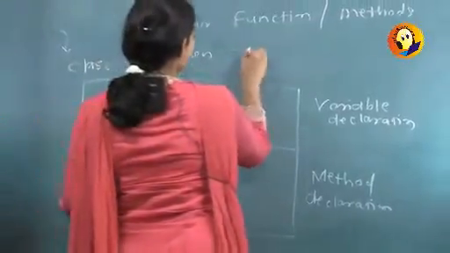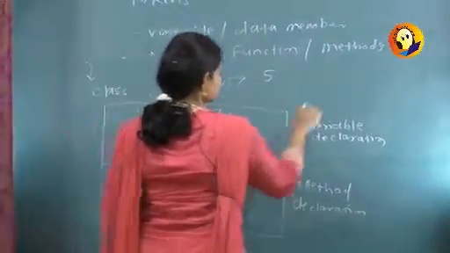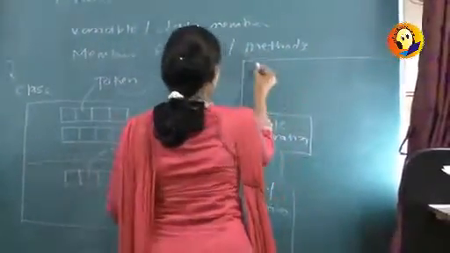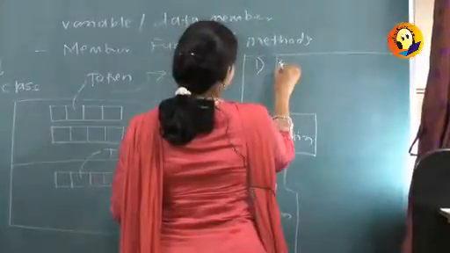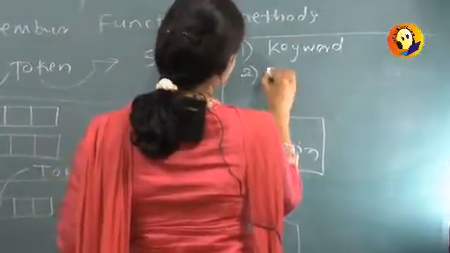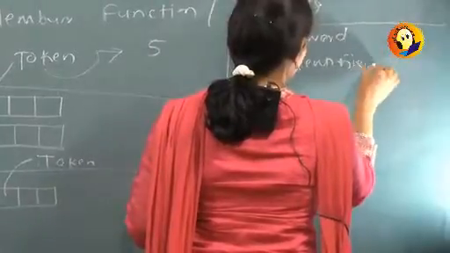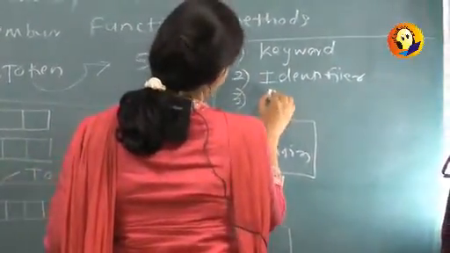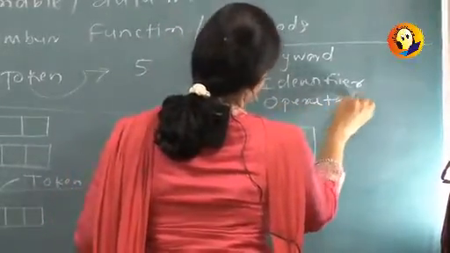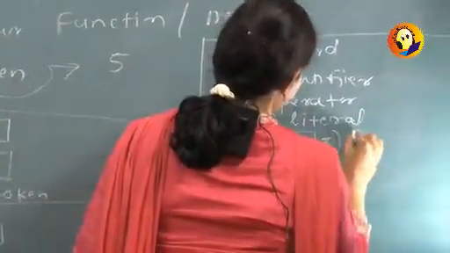There are 5 different tokens available in Java programming. First one is keyword, second one is identifier, third is operator, fourth is literal, and fifth is separator.